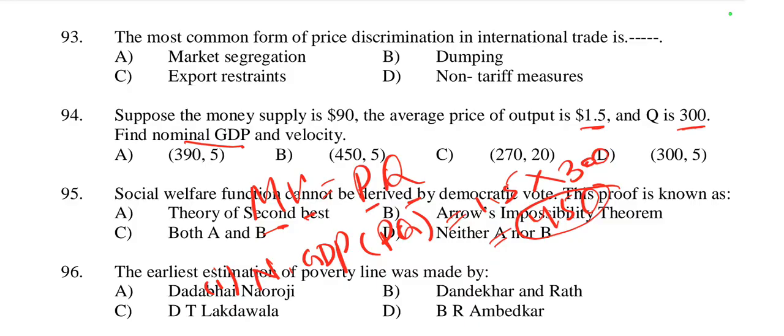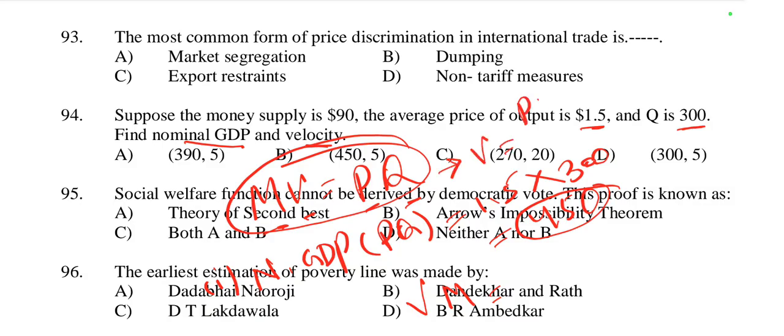Then we have to find out the velocity of money. The equation given is MV is equal to PQ. So from this equation we can find V. V is equal to PQ by M. We already found the value of PQ, which is 450.